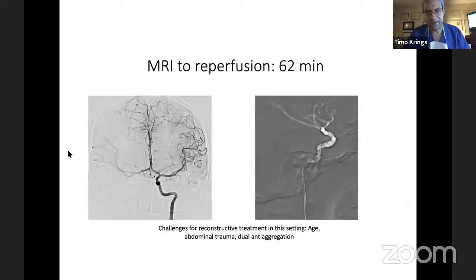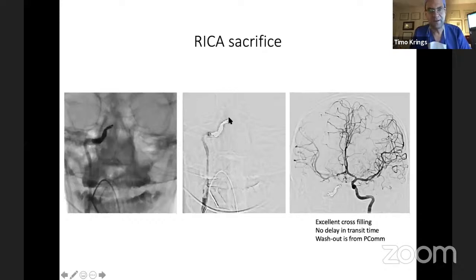I saw that the patient had a very good ACOM, and I therefore decided to completely obliterate and occlude the right-sided common carotid artery to prevent clot from going up. So I put in coils from here to here.